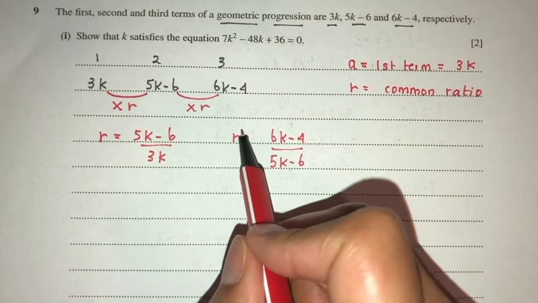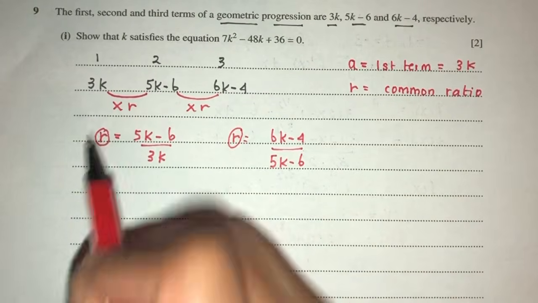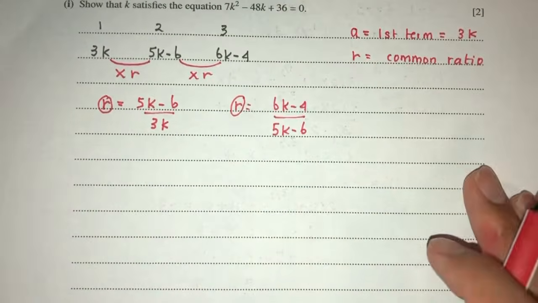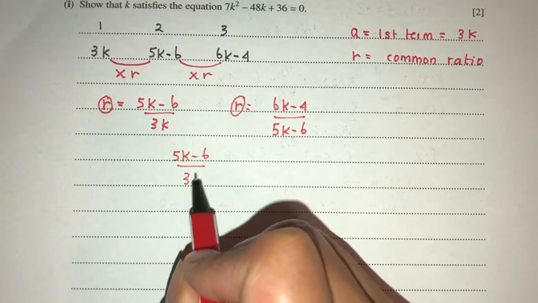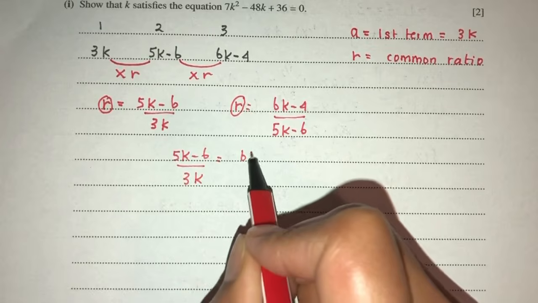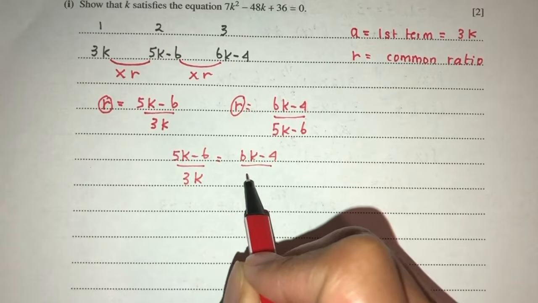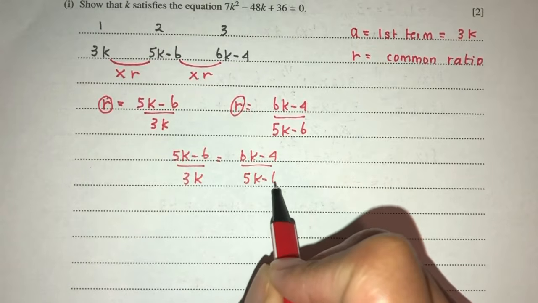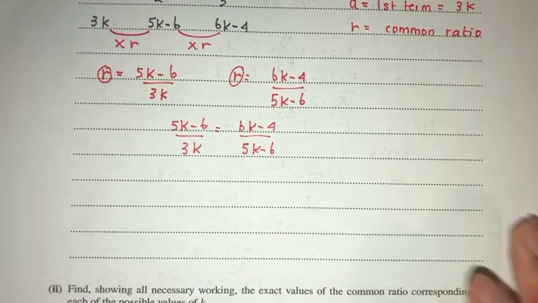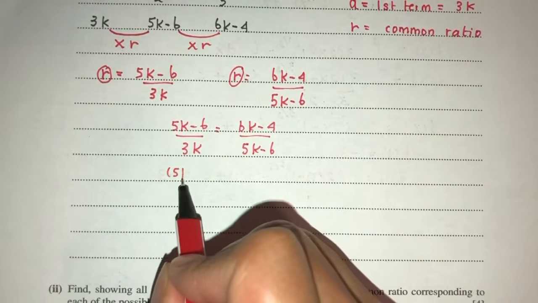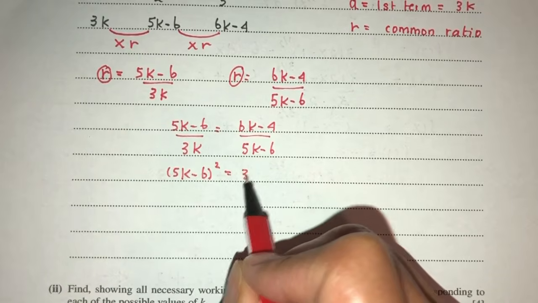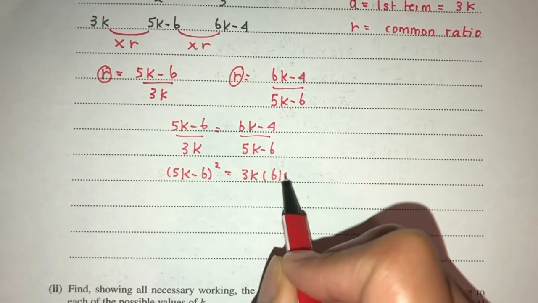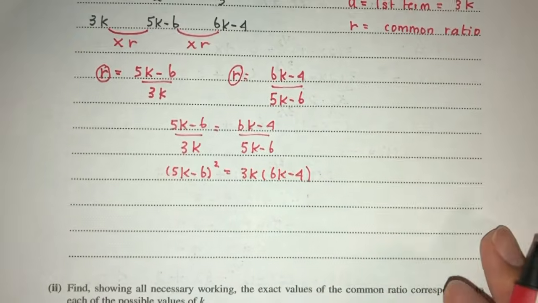Now, these two values of r are the same, so we can equate them with each other. On one side you will have this, and on the other side you will have this one. So we have to cross multiply. You will have (5k minus 6) squared equal to 3k times (6k minus 4). Now we have to expand.